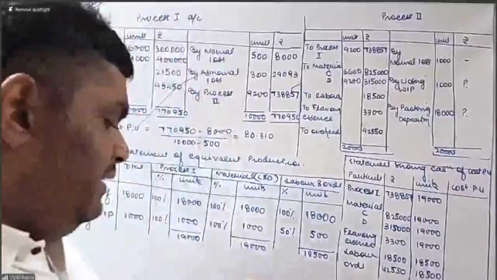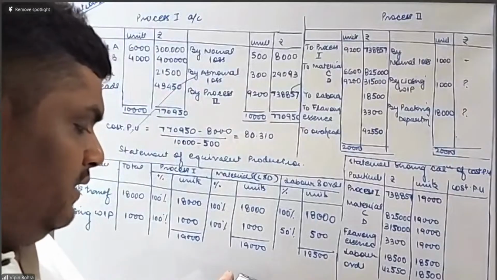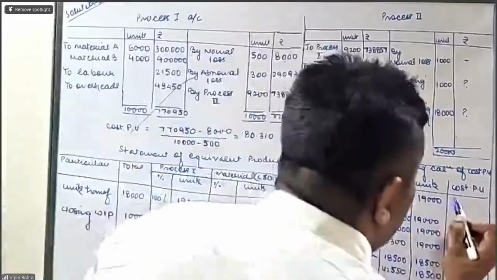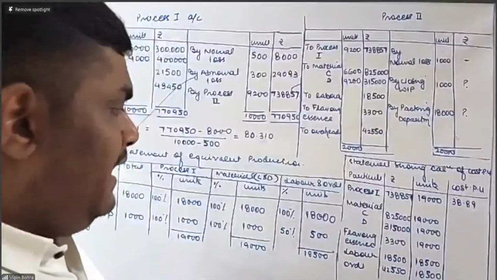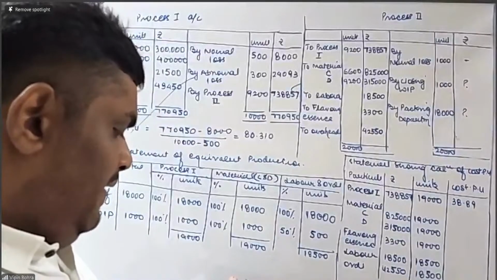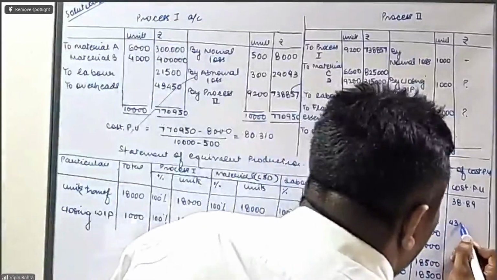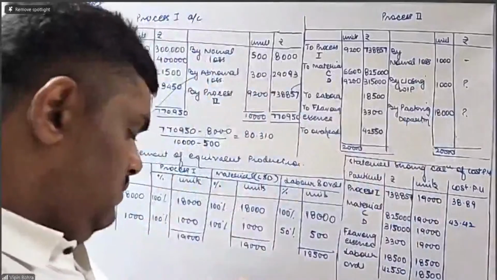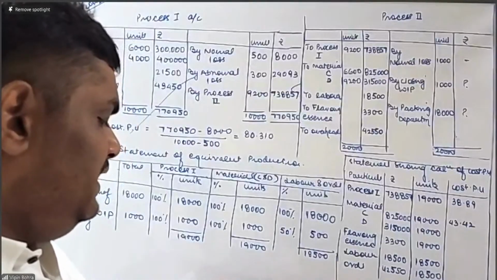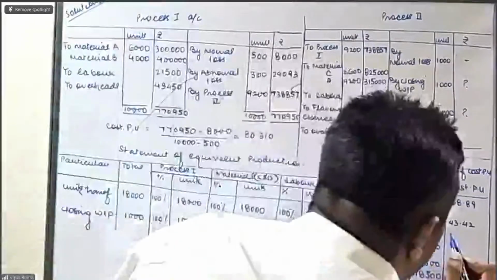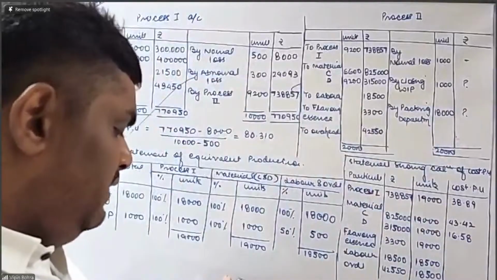First cost, 738,857 divided by 19,000, so 38.89. Second, 8,25,000 divided by 19,000, so this will be 43.42. 3,15,000 divided by 19,000 comes to 16.58. Next is 3,300.